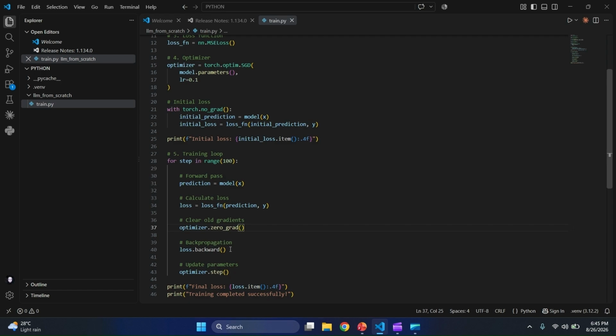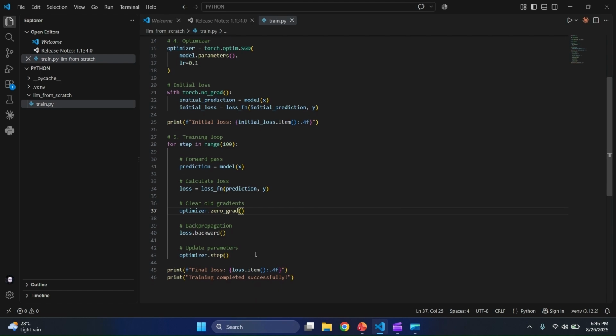PyTorch starts from the loss and calculates the gradient with respect to the model parameters. Basically, it figures out how each parameter affected the loss. So this is the backpropagation step from the diagram, and now we have the gradients here.